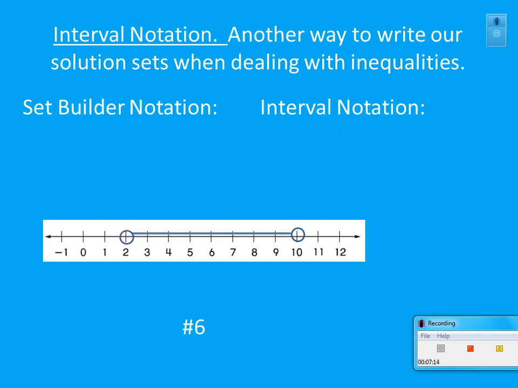Here's your number 6. Notice that I'm between two numbers again. Whenever you're between two numbers, it's going to look like this: the set of all numbers x such that 2 is less than x, which really says x is greater than 2, which in turn is less than 10.